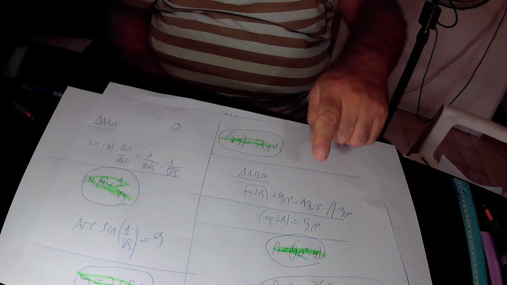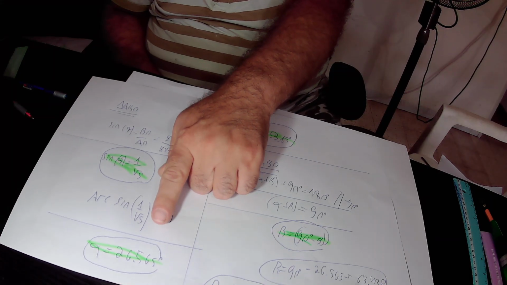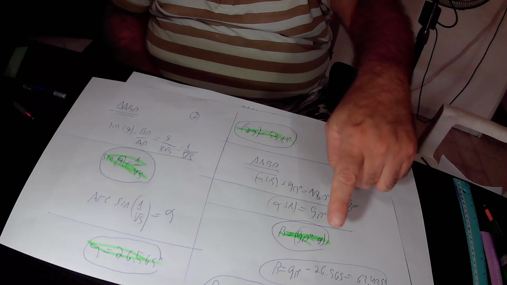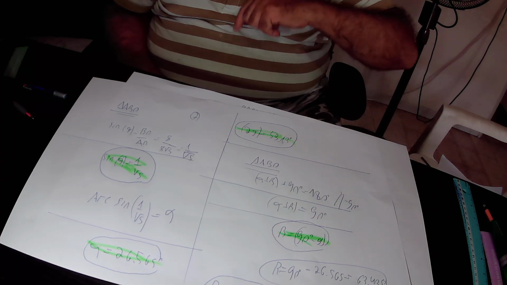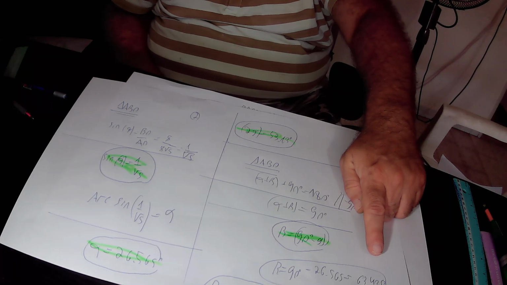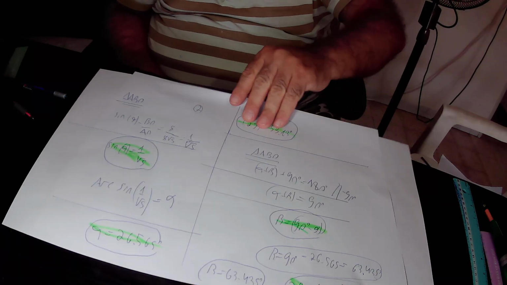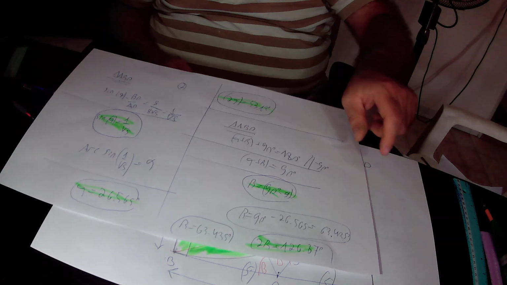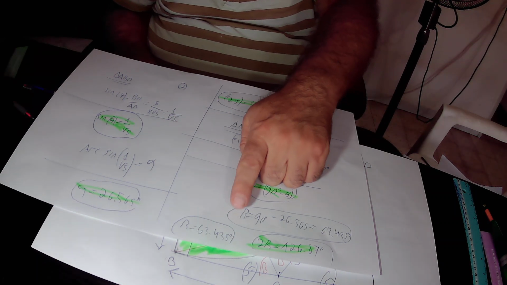So beta equals 90 degrees minus alpha, and alpha equals 26.565. 90 degrees minus 26.565 is 63.435 degrees. So in total, we found that angle beta, this is angle beta, equals 63.435 degrees.